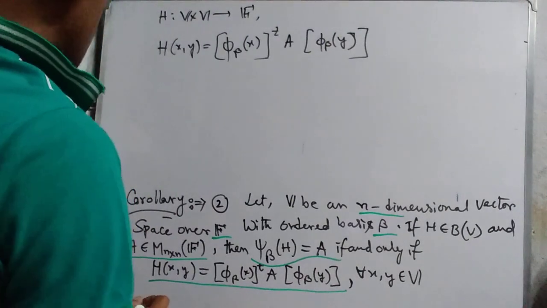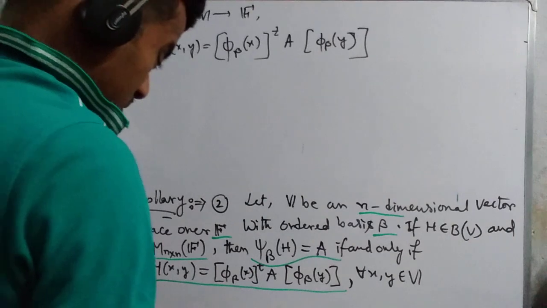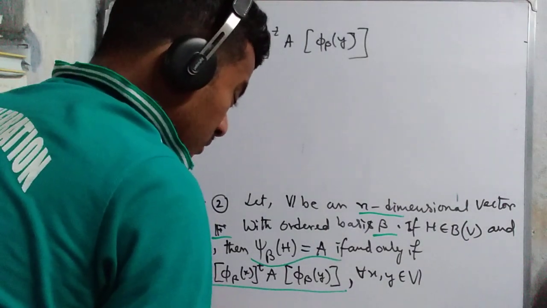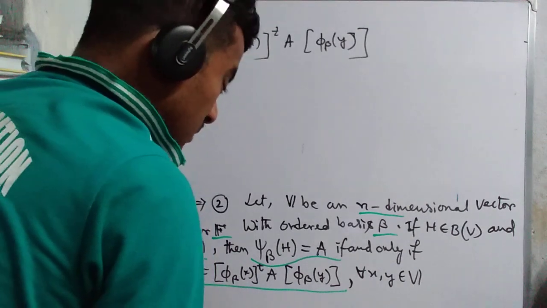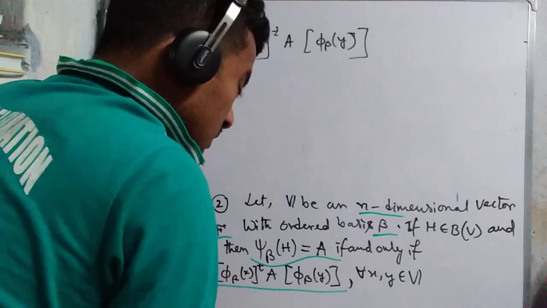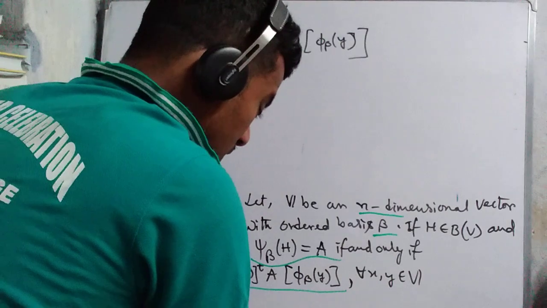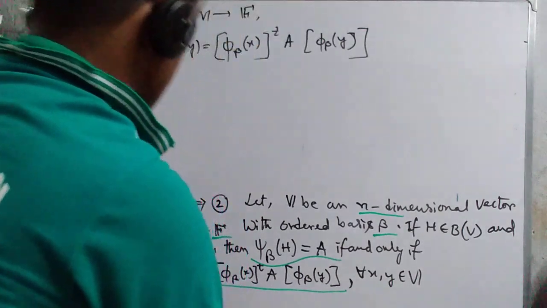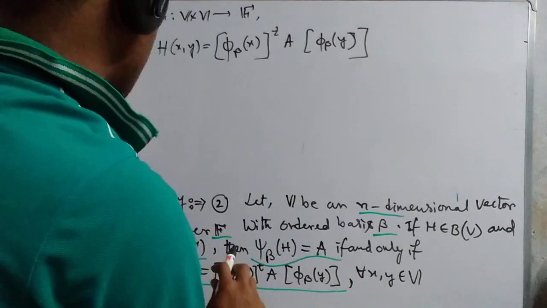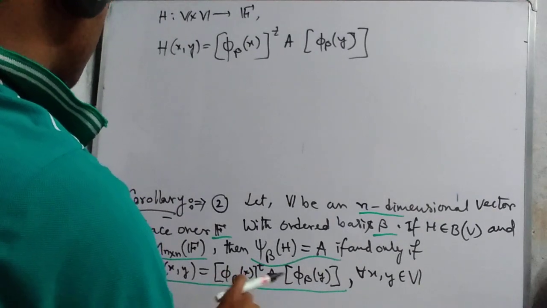So in this way we also do it. Then for x belonging to V this happens. If psi beta of H is equal to A, then this happens. And psi beta of A is equal to A, then this happens.